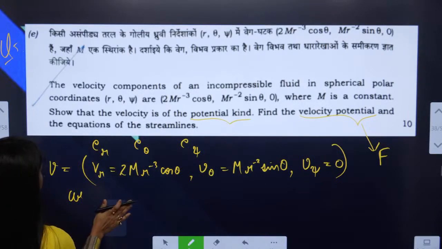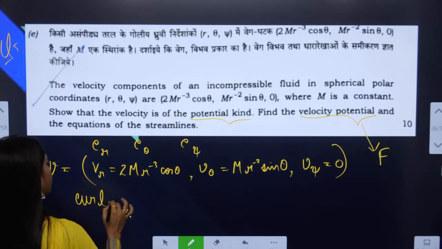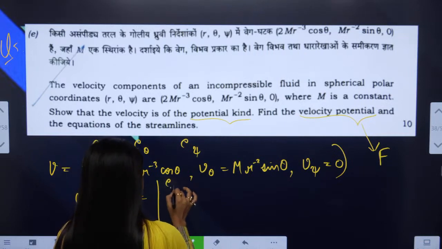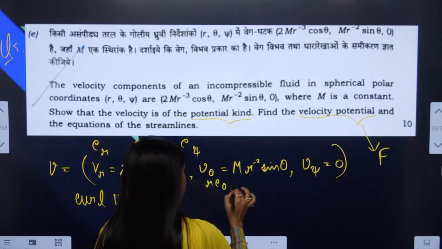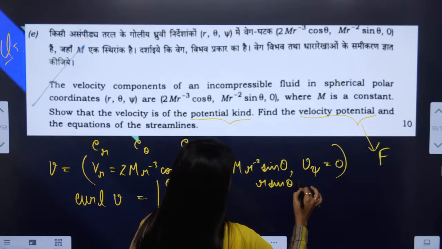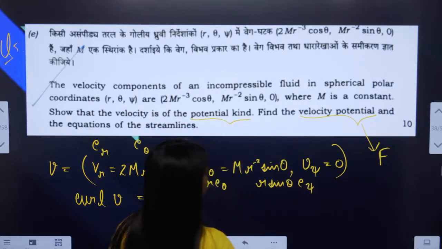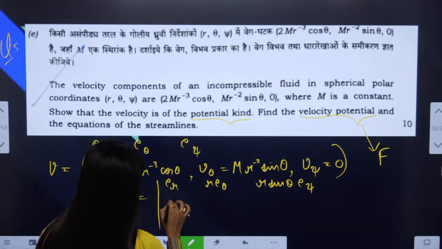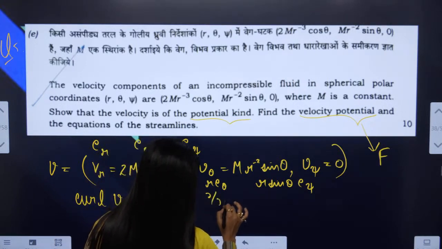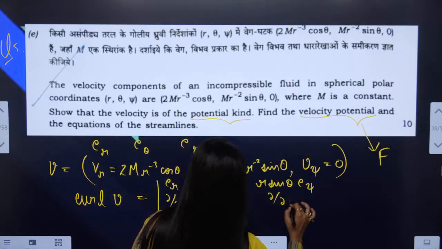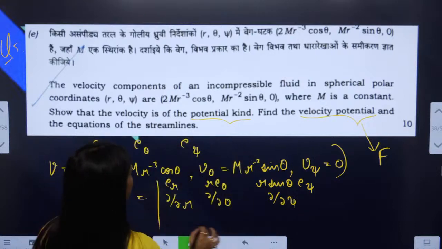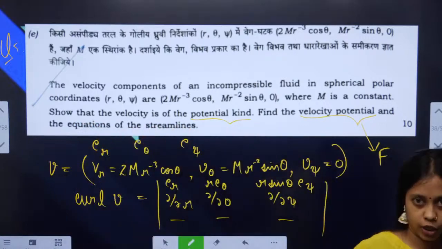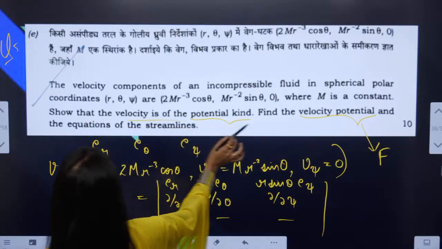Curl of your V will have e_r, r e_theta, r sin theta e_psi. The rest is the same: del by del r, del by del theta, del by del psi, and the components over here. Do the calculation, this has to be 0, then we can prove the first job is done. Velocity is of potential kind.